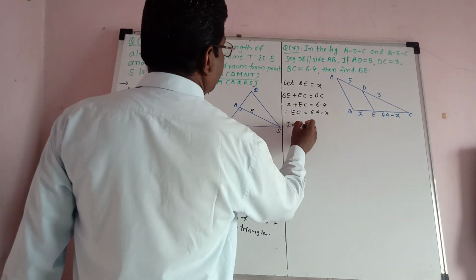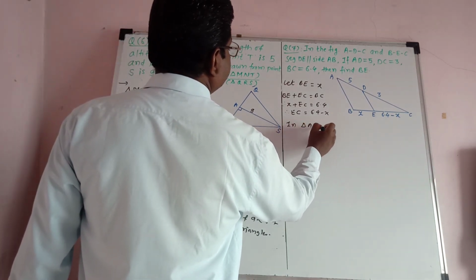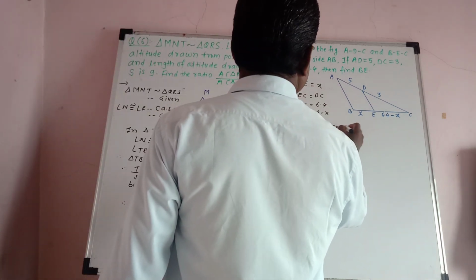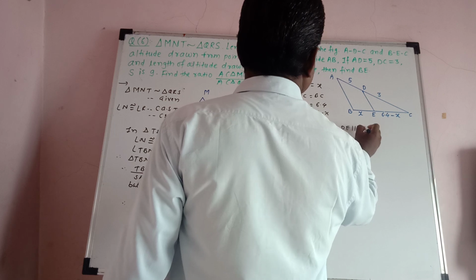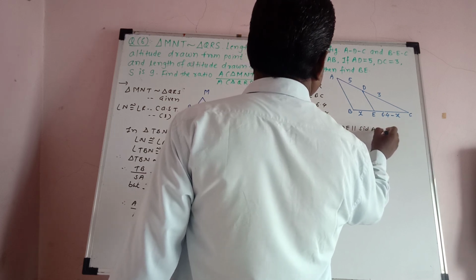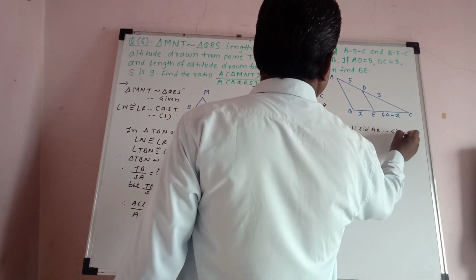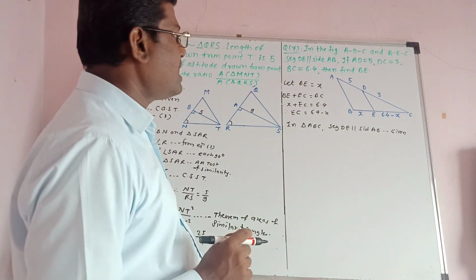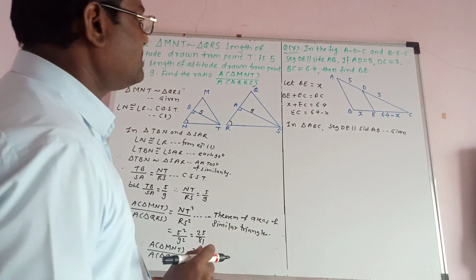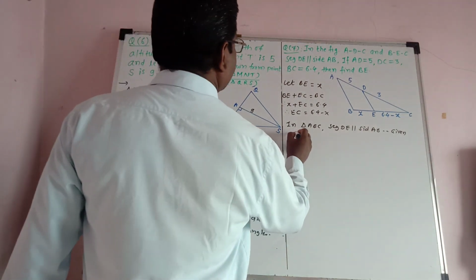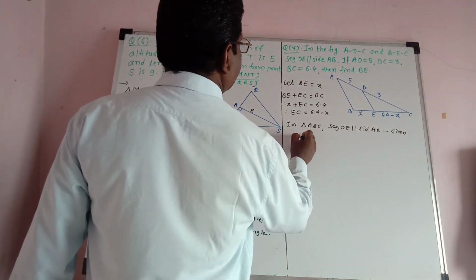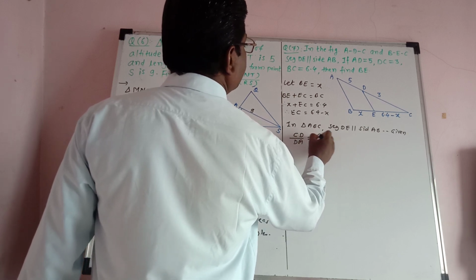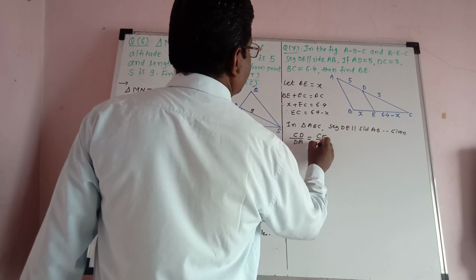Now in triangle ABC, segment DE parallel to side AB. This is given. Therefore, we can use basic proportionality theorem for this triangle, and this theorem is CD upon DA is equal to CE upon EB.